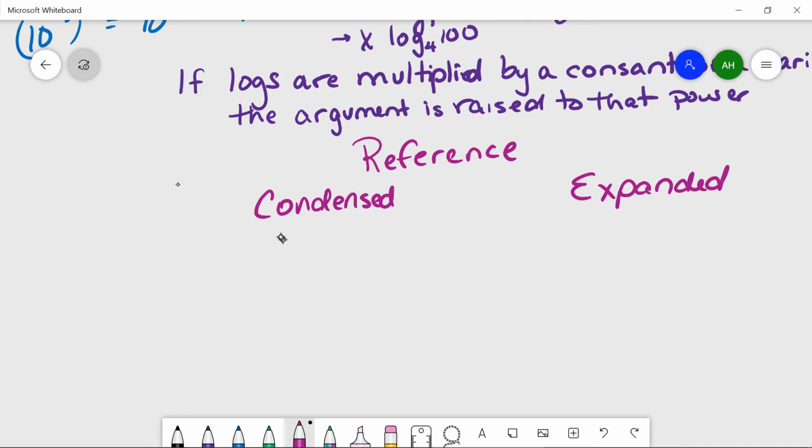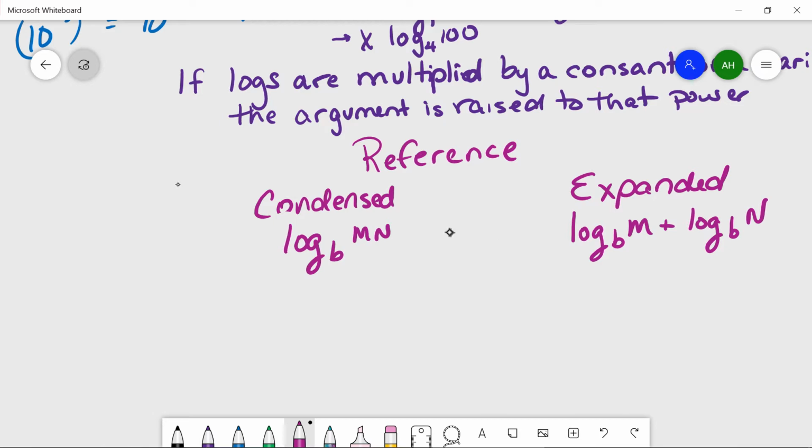Okay, so if I have log, I wrote that wrong. Okay, so if I've got log base b of m times n, that's the same as log base b of m plus log base b of n.